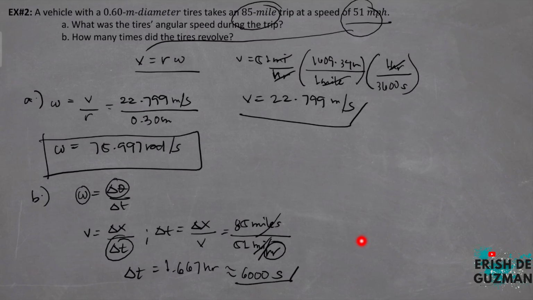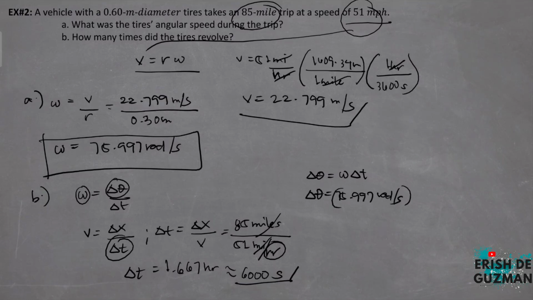Ito yung time interval. And ika-calculate natin yung change in angular displacement, angular velocity times the time interval. Substituting the values, we have 75.997 na radians per second.